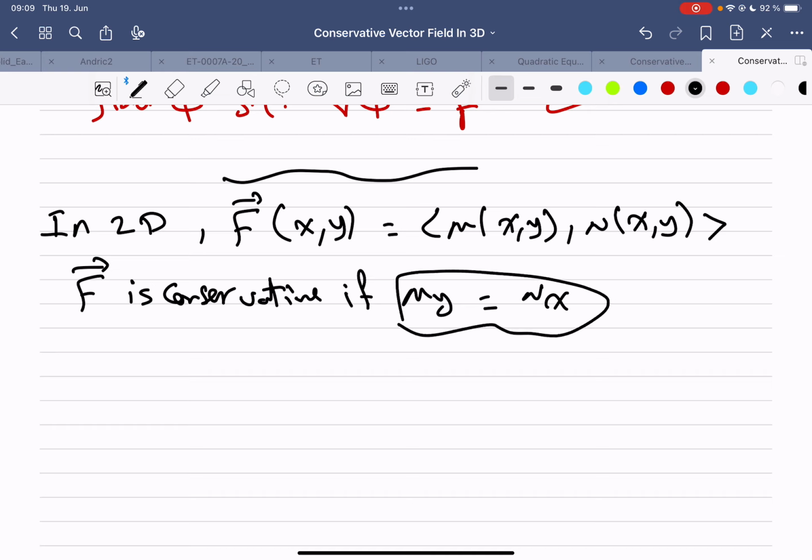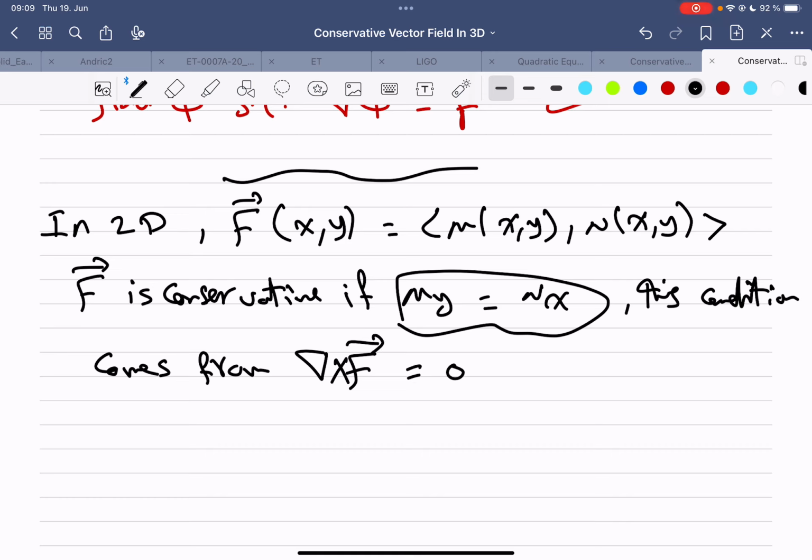This condition comes from the condition curl f equal 0. So in general, when curl f equals 0 in 2D or 3D, your vector field is conservative. Because here we are in 2D, the z component will be 0.